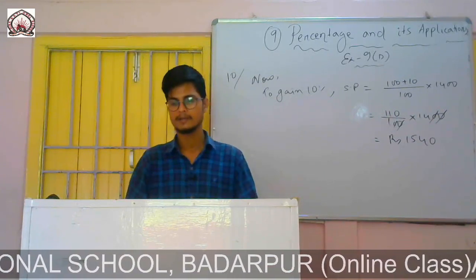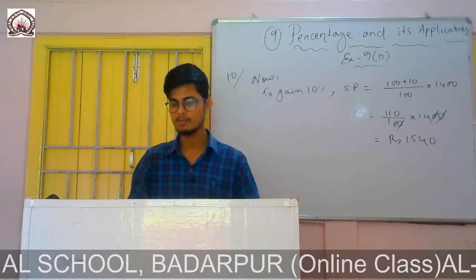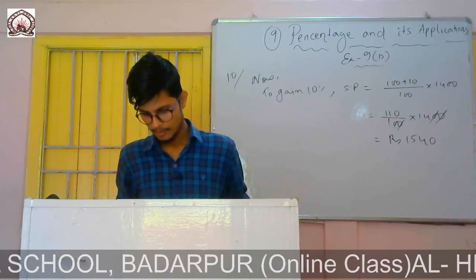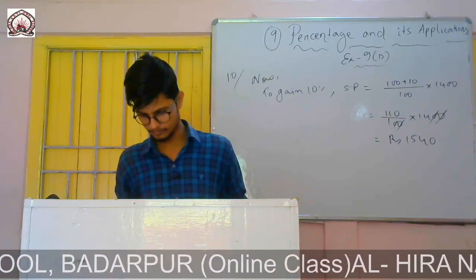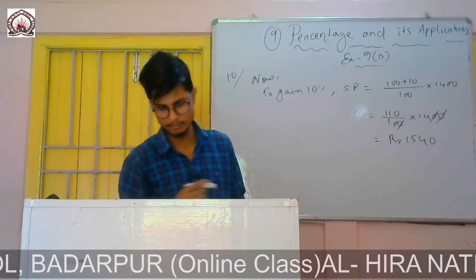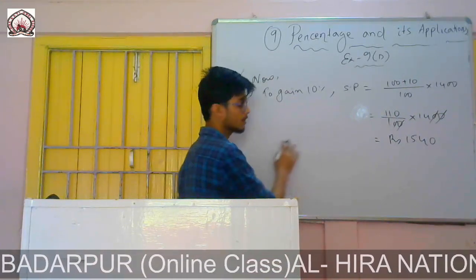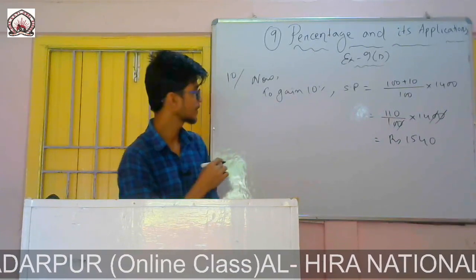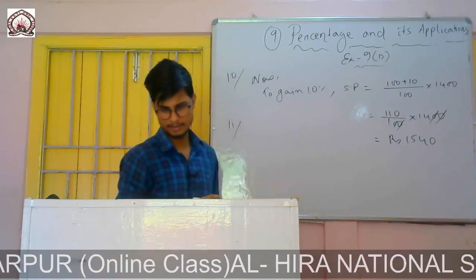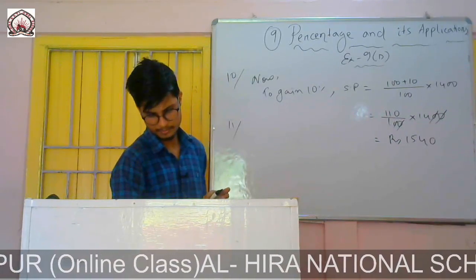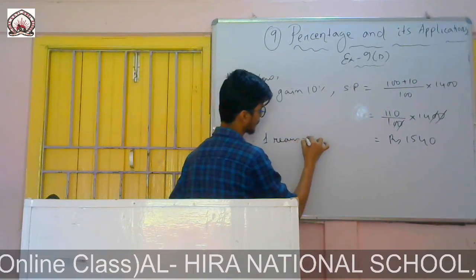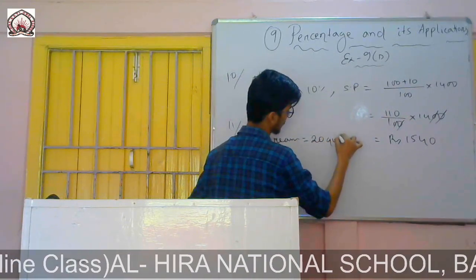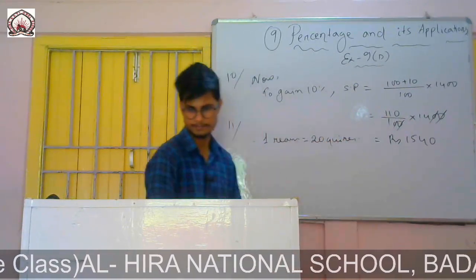First of all you write, since 1 ream equals 20 quires, that means the cost of 20 quires. I will not do this one, I will simply show you. You have to do this one. Question number 11. So first line you write it as, since 1 ream equals 20 quires.